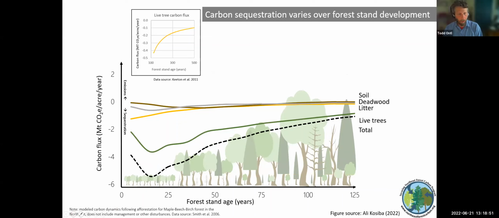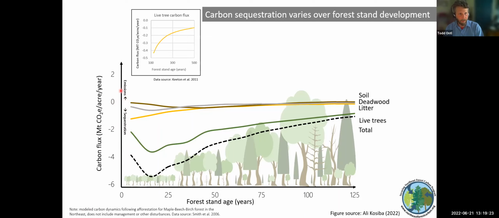Now, Ali also kind of graphed out what the carbon flux or the sequestration looks like over time as well. And I think this is really interesting and really shows that young forest stands sequester carbon very quickly. Here you can see, and I should mention now, negative numbers indicate movement or flux into the ecosystem. So that's sequestration.